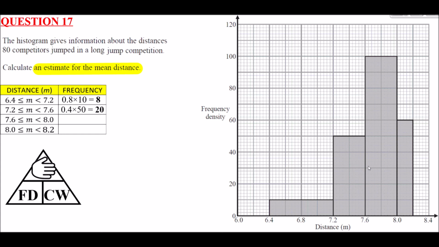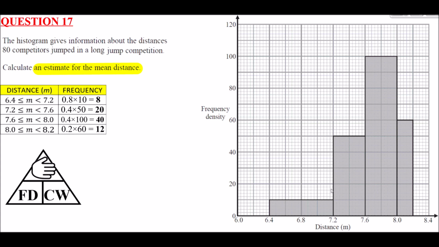The next one, again, is a width of 0.4, and its height is 100. So this one will be 0.4 times 100, which gives you 40. And the final one, from 8 to 8.2, that's got a width of 0.2, because that's 8.2 there, and a frequency density of 60. So 0.2 multiplied by 60 gives us 12.